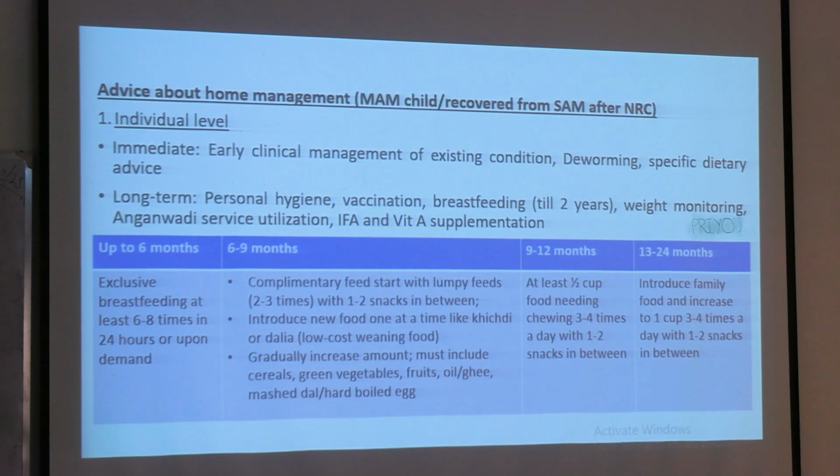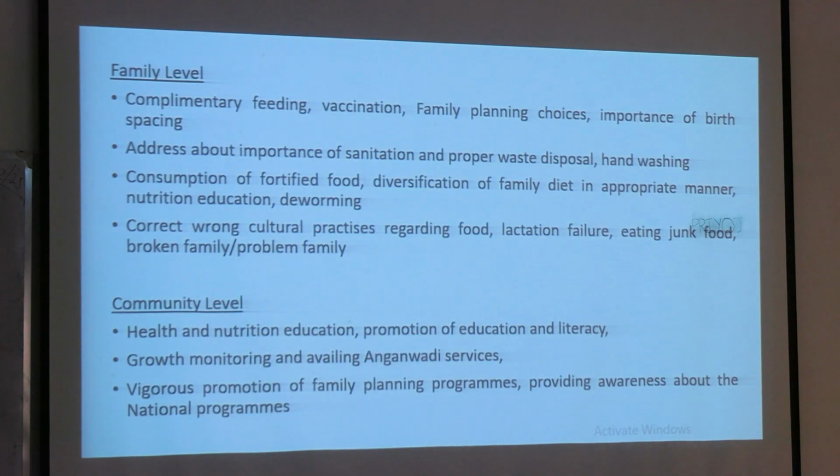Then long term management: personal hygiene, vaccination, breastfeeding, weight monitoring, Anganwadi service utilization, IFA, vitamin A supplementation, all these things should go in parallel. At the family level, for the family members, you can advise on complementary feeding, how it should be done, vaccination, and family planning choices.